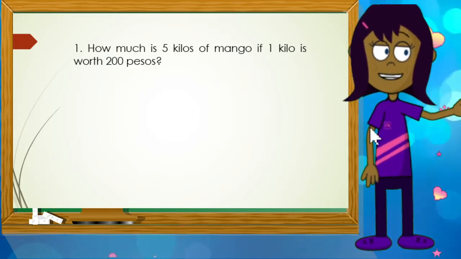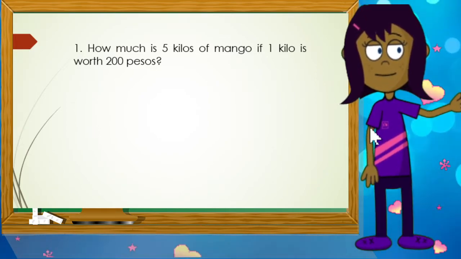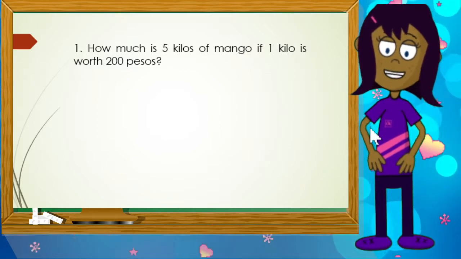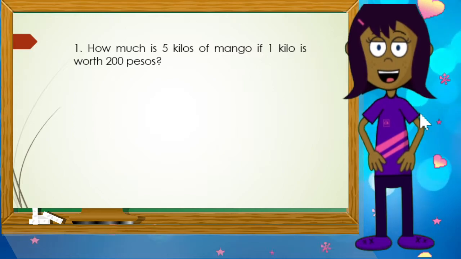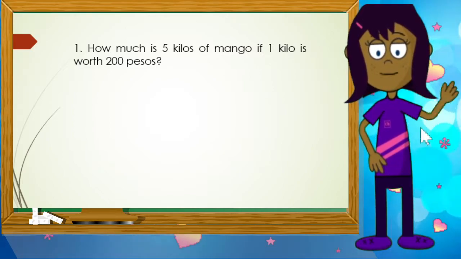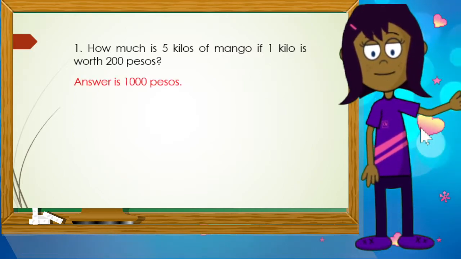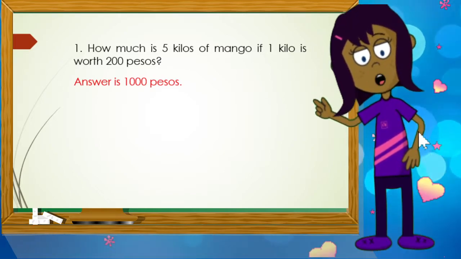What's your answer? 1 kilo is 200 pesos. How much is 5 kilos? That will just be 5 times 200 pesos, and the answer is 1,000 pesos. Correct, right?